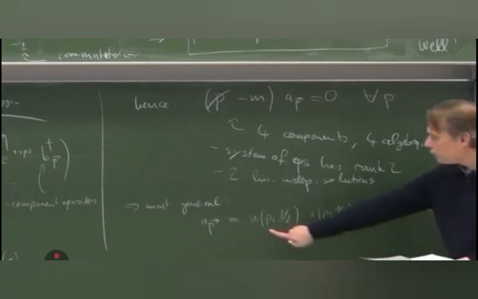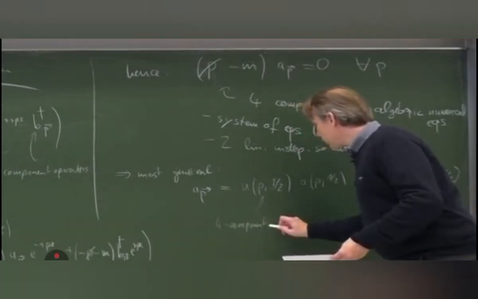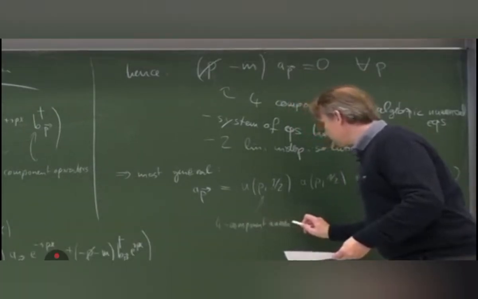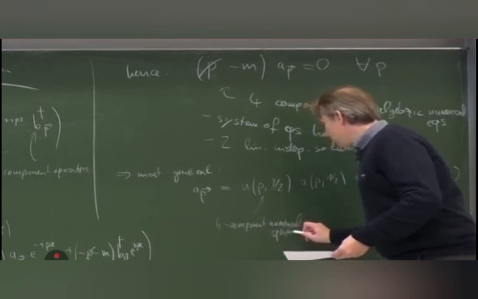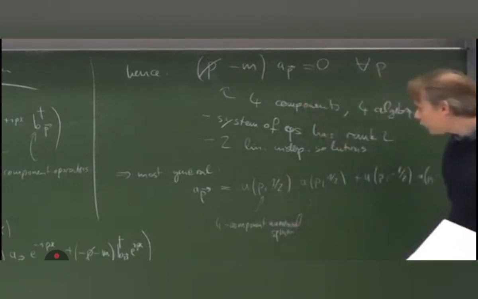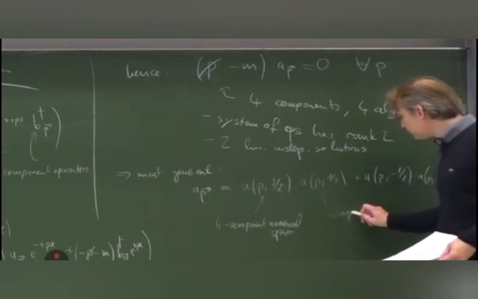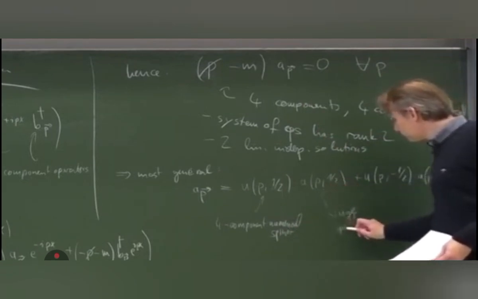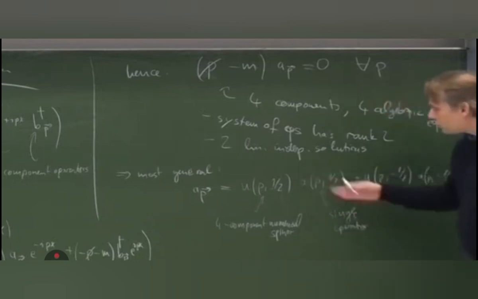So this is a 4-component spinor, numerical. Numerical means the entries are numbers instead of operators. And this is one single operator, without 4 components, just a one-component object.